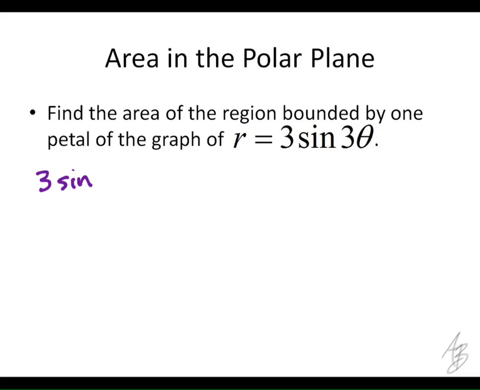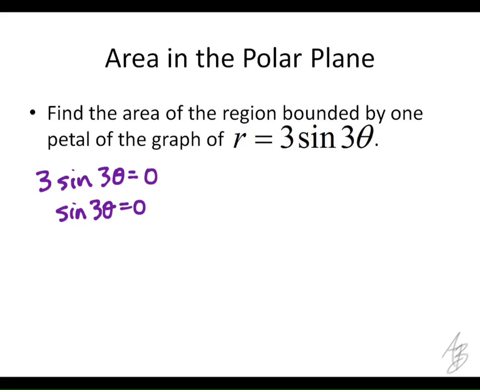Set 3 sine of 3 theta equal to 0, right? And so if we divide by 3 on both sides, we have the sine of 3 theta equals 0. And when is sine equal to 0? It's equal to 0 at 0. It's also equal to 0 at pi, and 2 pi, and 3 pi, and 4 pi, and so on, right? So we know that sine of some angle is going to equal 0 when that angle is equal to n pi, right?